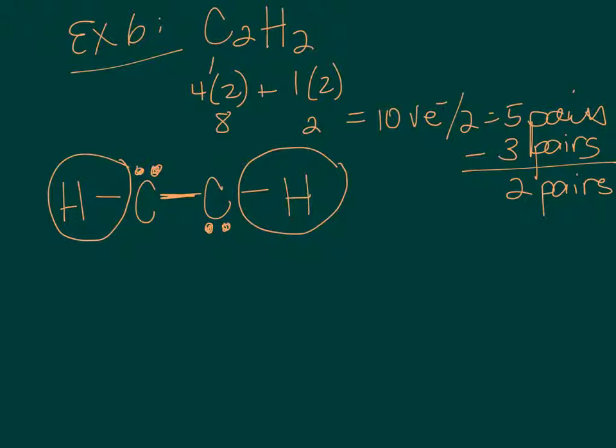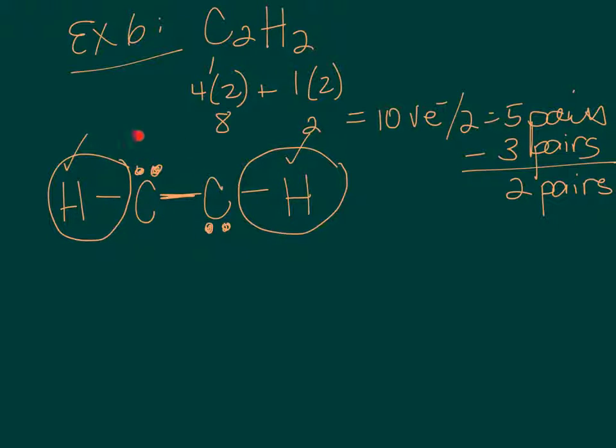Rule 6 says check for 8. Well, we know hydrogens are stable with 2, so they've obeyed their exception to the octet rule. But if I go and I put a circle around this carbon, how many are inside my laser circle here? Well, I've got 2 bonds, which is 2, 4, and then I've got 5 and 6.